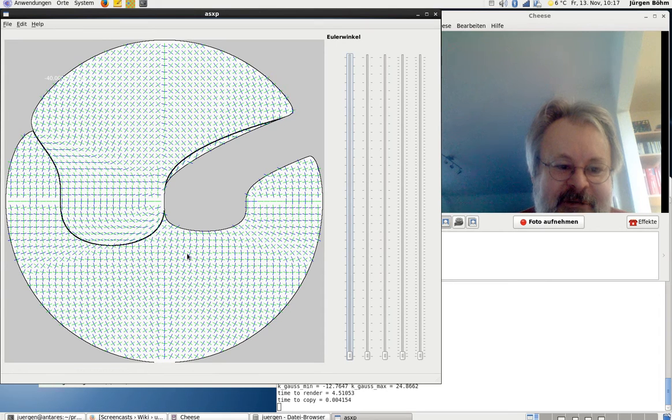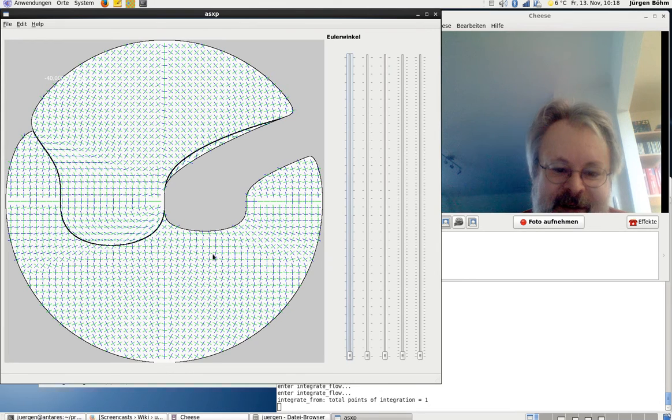I click here with the mouse, and then an initial flow line is selected, and from this flow line at a certain distance of pixels right and left, another flow line is begun, and so on, and so we get hopefully a quite smooth vector field on the surface.